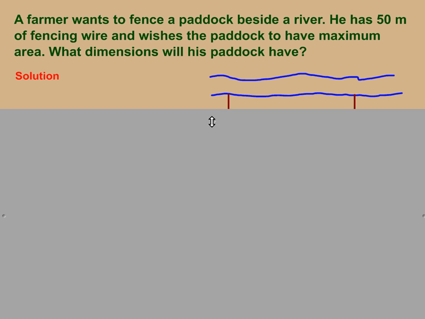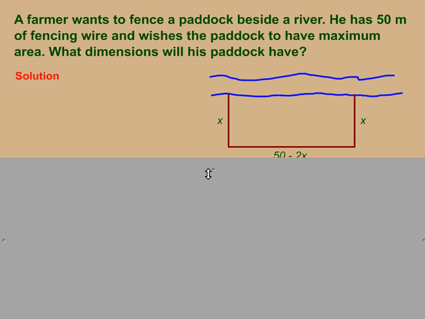So let's say the blue represents the river, and we're going to map out our paddock as such. If we make the width x metres, then the length is going to be 50 minus 2x, because x plus x and the length have to add up to 50 metres.